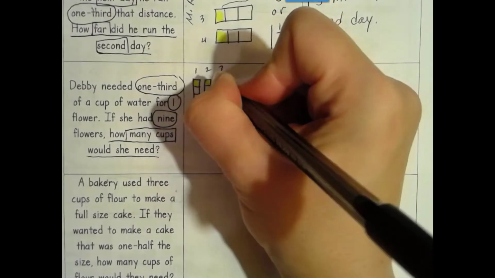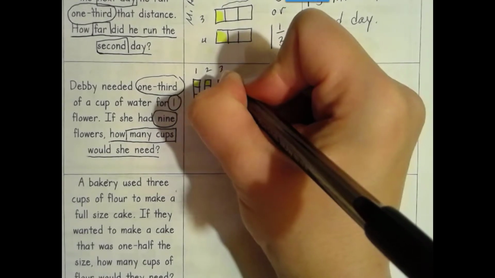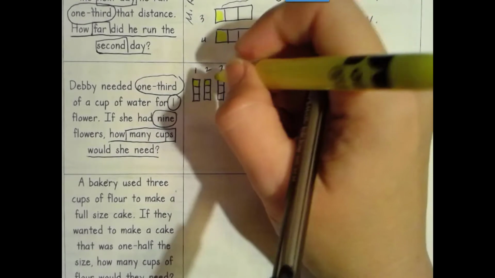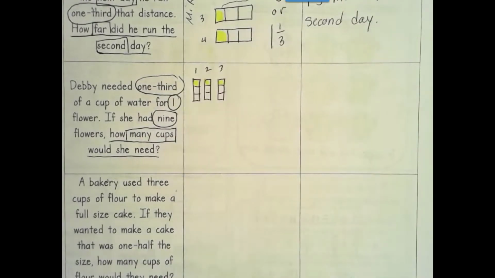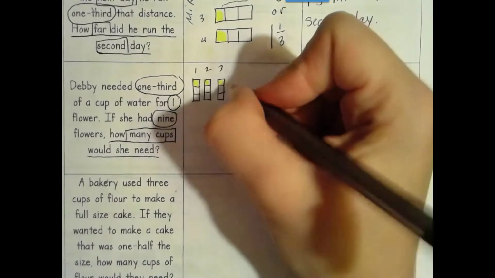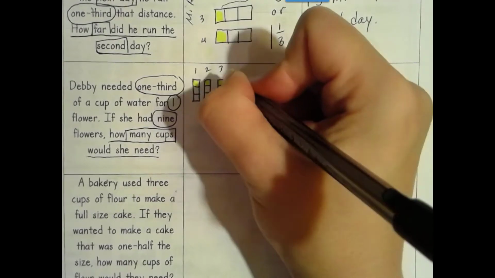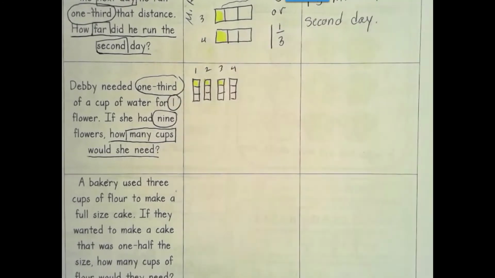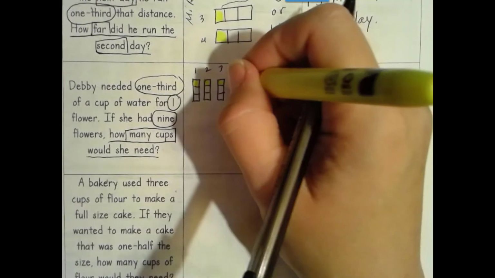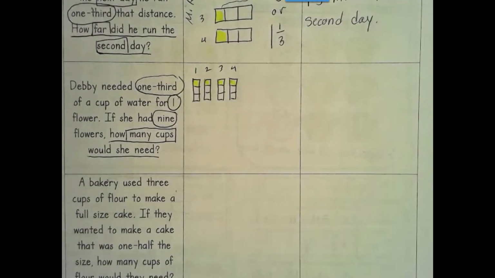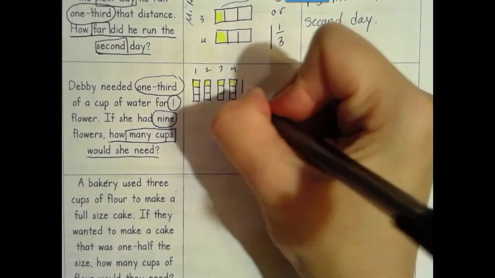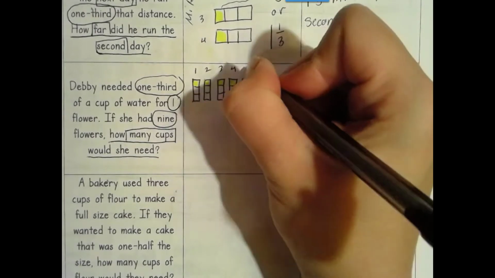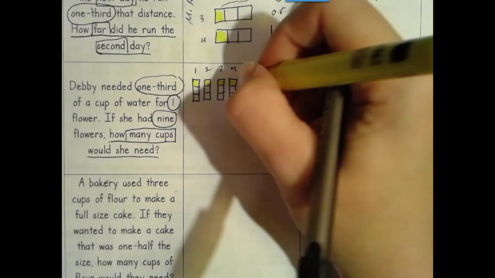The third flower, I'll get 1/3 of a cup. The fourth flower, I'll get 1/3 of a cup. The fifth flower gets 1/3 of a cup.